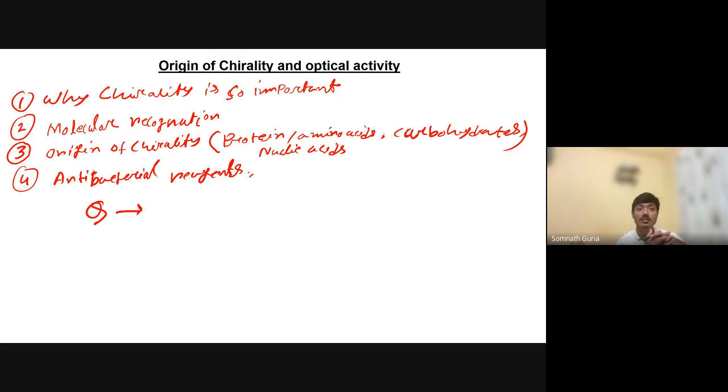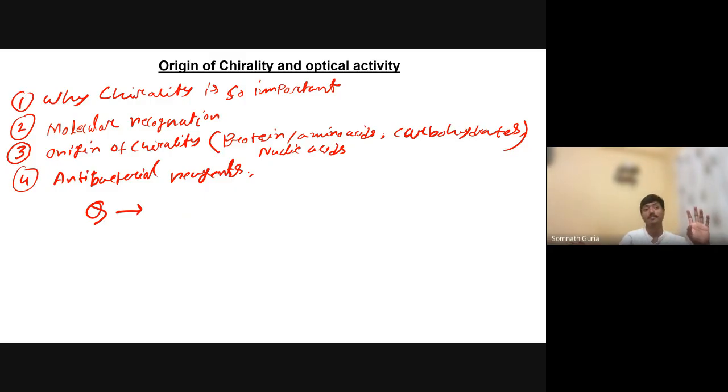Whenever you place it in a chiral environment, for example our body, whose enzymes are all chiral in nature, our body recognizes and can consume only the L amino acid. That is the major factor. So we discussed that.